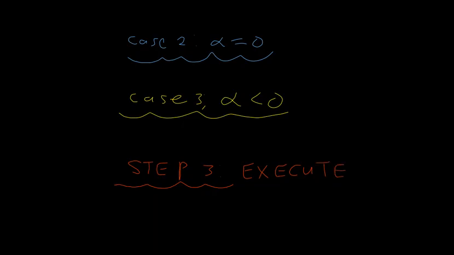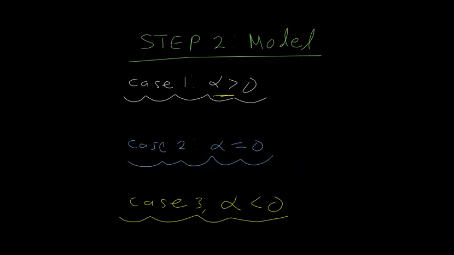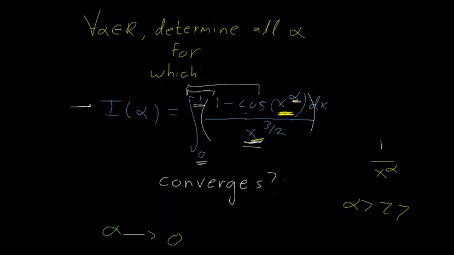Now we can handle the most important case, when alpha is positive. We're going to look at when alpha is positive. When alpha is positive, let's go back to our integral here.